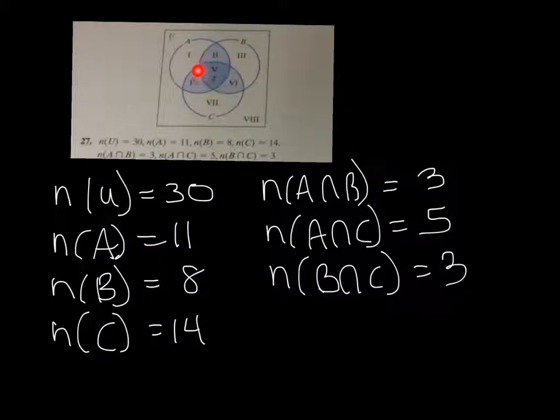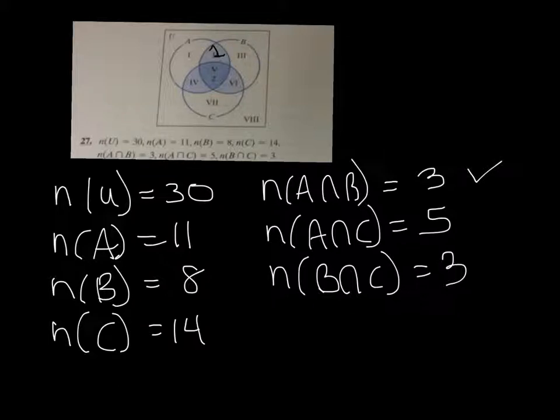If I have 2 elements in here, then 2 plus 1 gives me my 3. So this should be 1, the element 1 is in there in region 2. Check, I used that.